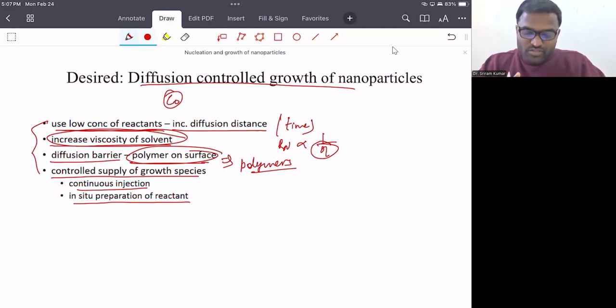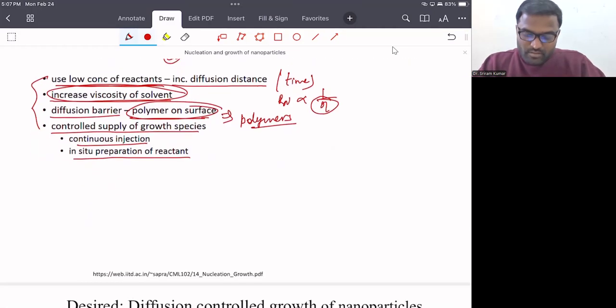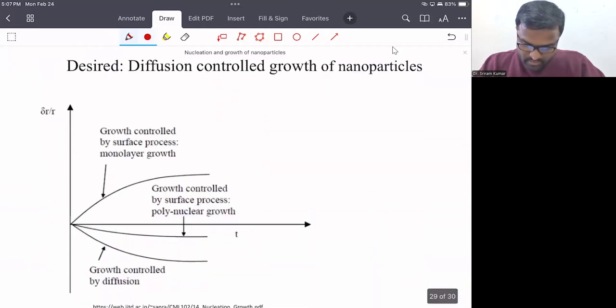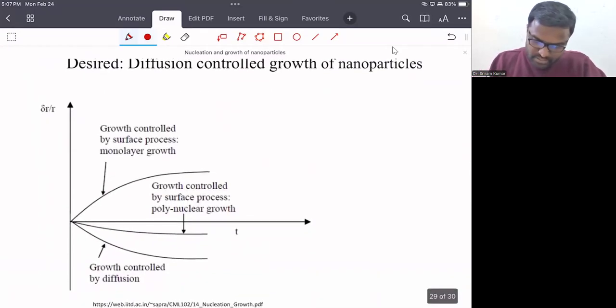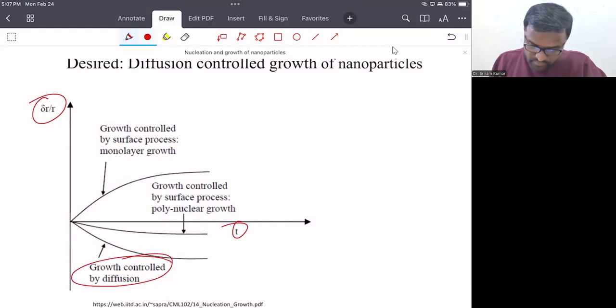We can play with the concentration, the viscosity and the diffusion barrier. If you want to understand the change in the particle size with time, with controlled growth in the diffusion process, initially there is a uniform distribution of the particle size. However, if the surface process happens, then you have a larger difference.